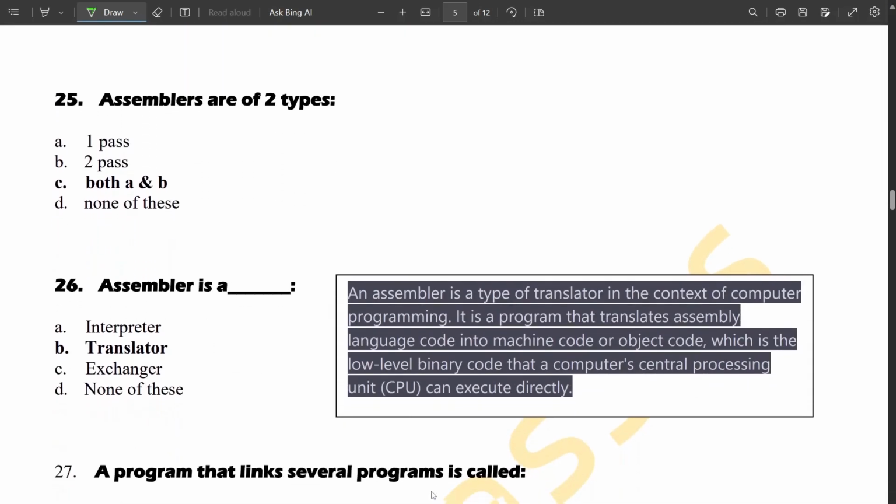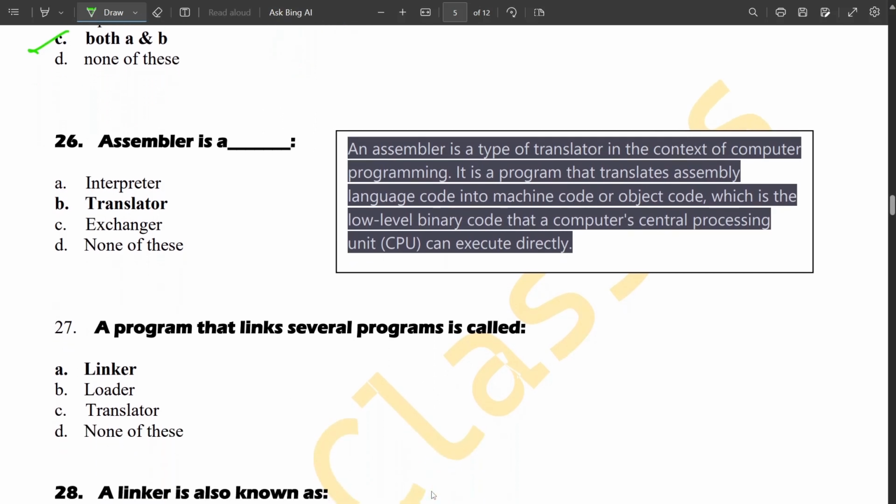Next, assemblers are of two types: first pass and second pass. A and B are the two types of assembler. An assembler is a translator which translates assembly language code into machine language.